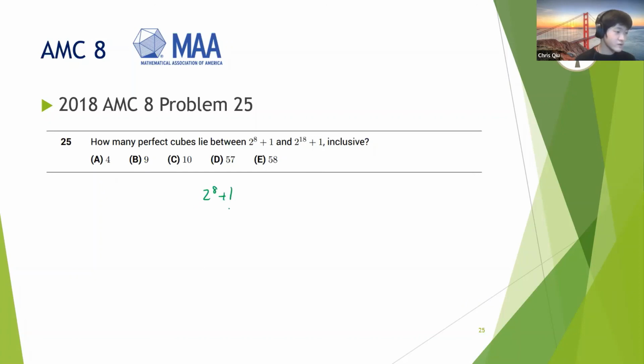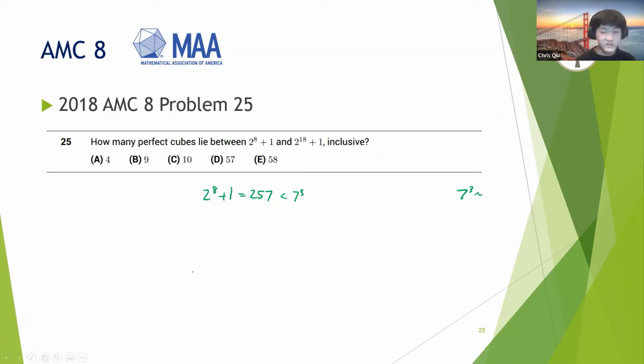So the smallest cube that's greater than or equal to 2 to the 8 plus 1. First, we can calculate 2 to the 8 plus 1 to be 256 plus 1, which is 257. And so the smallest cube that's greater than this is 7 cubed. We're going to take note of this: 7 cubed is our smallest cube.